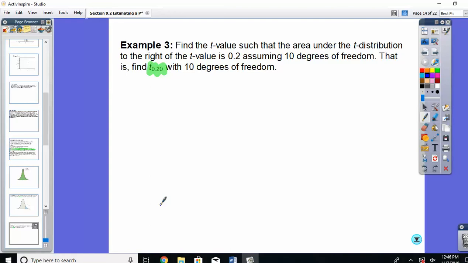So I'm going over to the 0.2, and we get 0.879. That would be the T value that gives an area of 20% to the right.